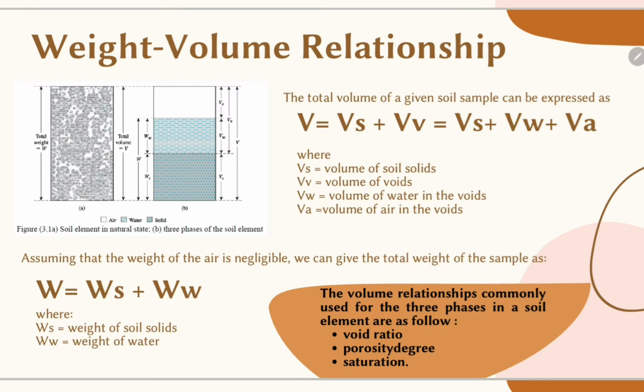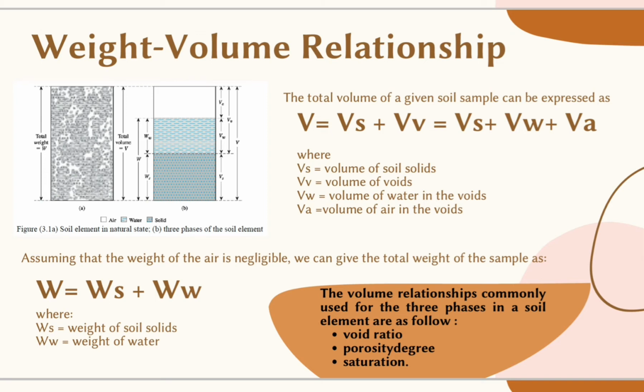As you can see here, figure 3.1a shows an element of soil of volume V and weight W, as it would exist in a natural state. To develop the weight-volume relationships, we must separate the three phases, as we did earlier.